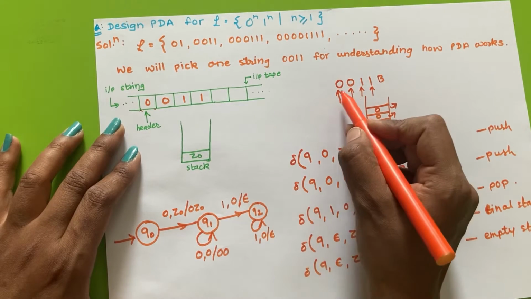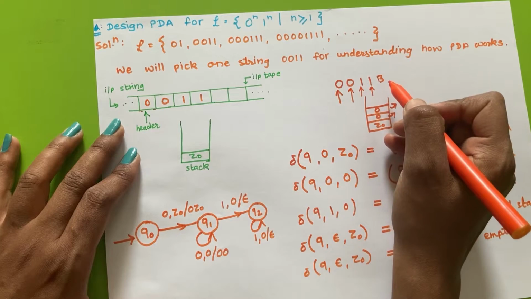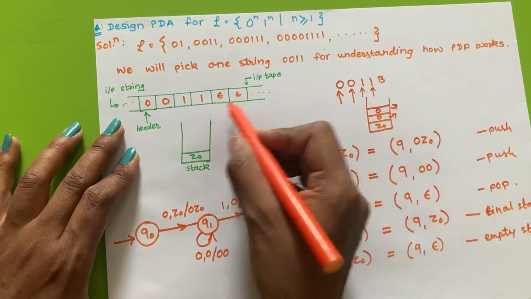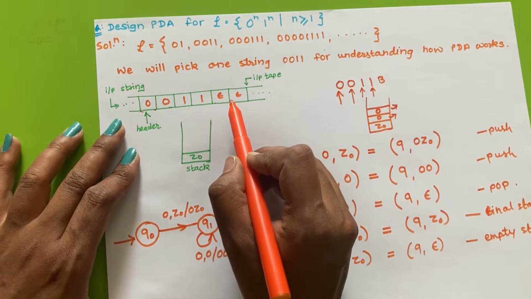After finishing all the ones, we will read the empty symbol, meaning that after these ones we have reached the end of the string; there does not exist any symbol, there exists empty.